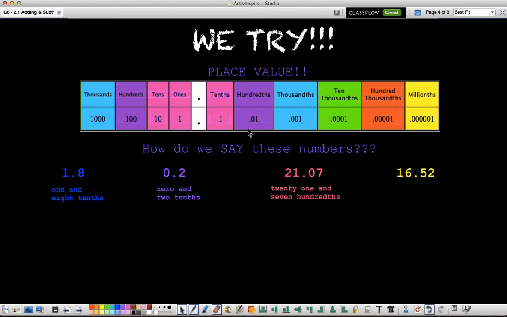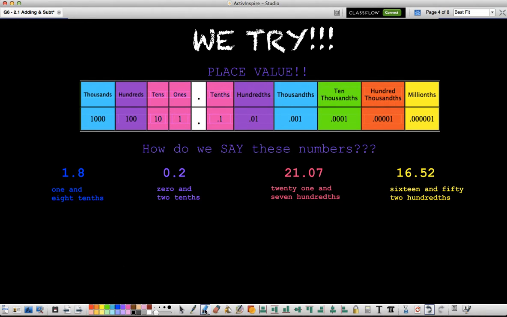We don't have a whole, we have a part. Okay, so the "ths" should clue you in to the fact that this is a decimal. Right, and the last one, 16 and 52 hundredths. So we still read the number the same. This is still 52, but it's 52 hundredths because it ends in the hundredths place.